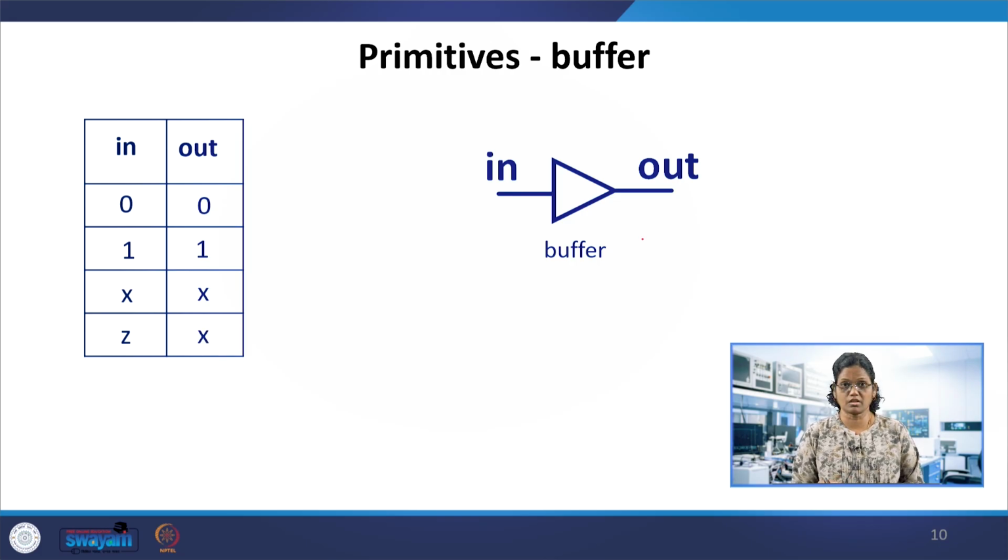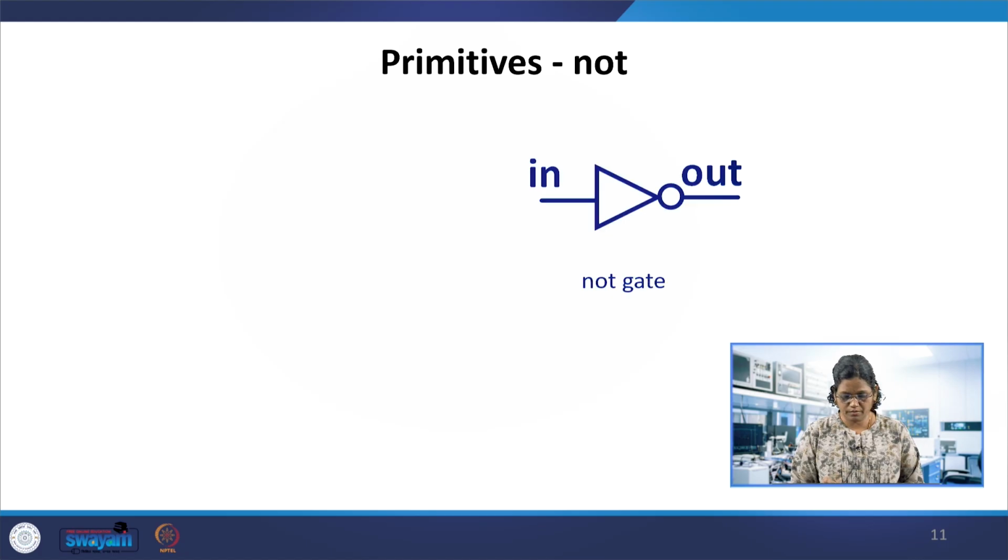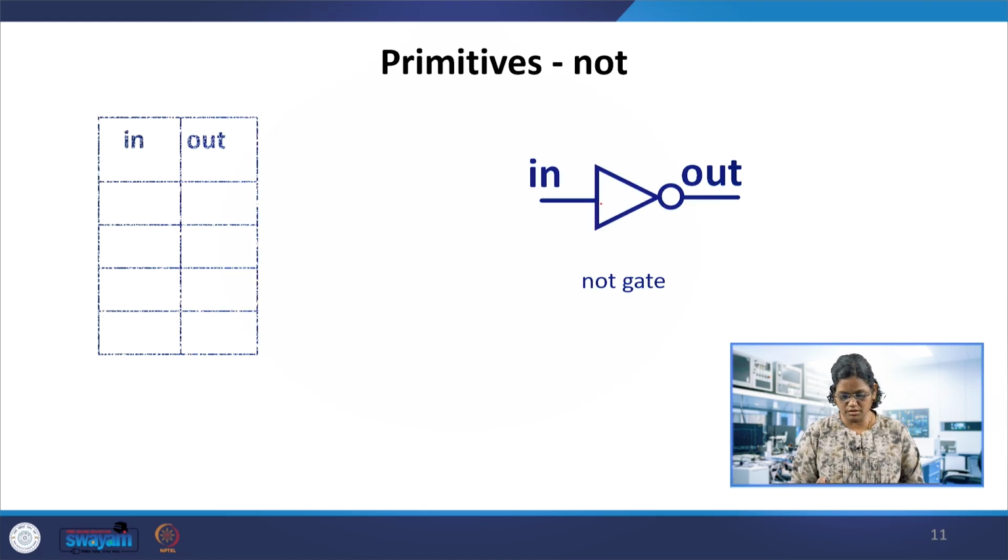In this case, these built-in gates don't drive into high impedance state. The NOT gate is like a buffer, though the input is complemented at the output: 0 gives 1, and 1 gives 0, x again is don't care, and Z, the high impedance state, also gives don't care.